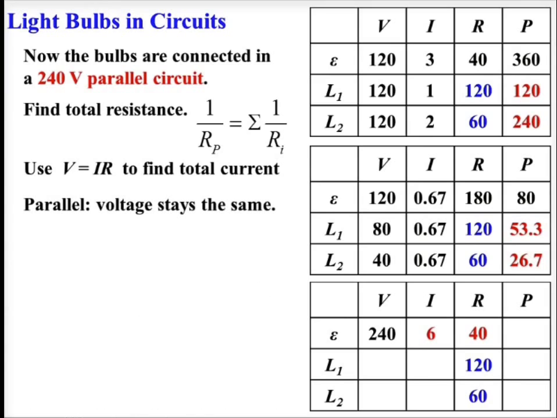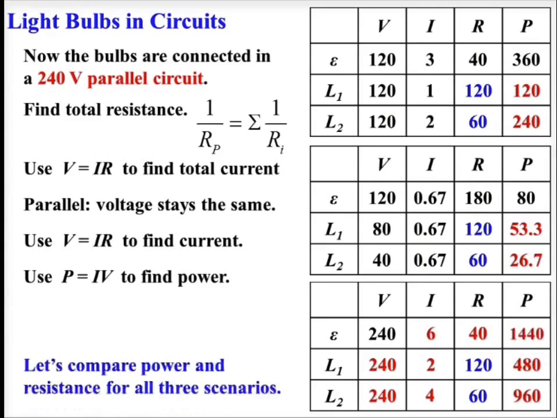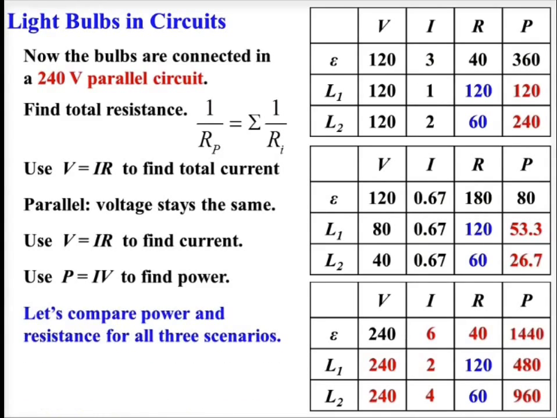Again, this voltage is going to be the same for all resistors in parallel. If we know voltage and resistance, we can solve for current and therefore solve for power. Again, you can see these huge differences in power when we're solving the different problems.